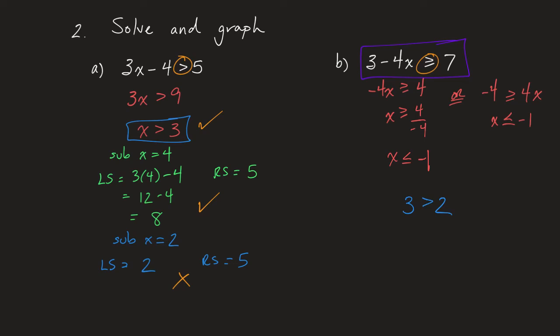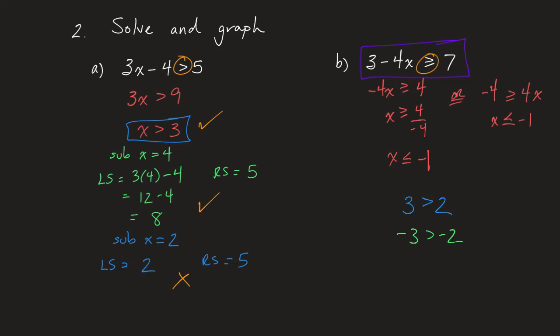I am going to multiply or divide both sides, doesn't matter, by negative 1. And if I divide both sides by negative 1, I hope you see that I actually created an incorrect statement. Now I have that negative 3 is greater than negative 2. That's not true.